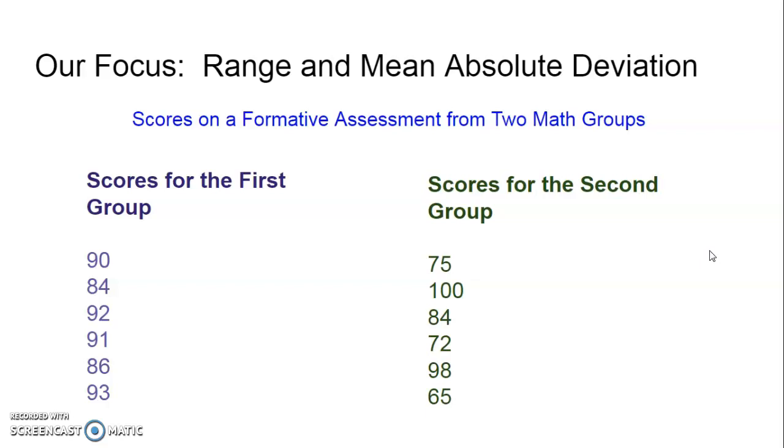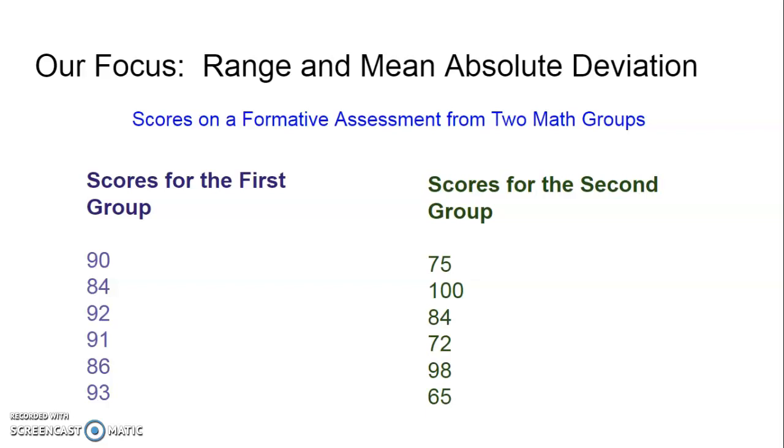All right, so let's say maybe I have a couple of different math groups that I work with, maybe small math groups. They both have 6 kids in them. Let's say I give them a formative assessment on, I don't know, maybe percent work or something. And I have the scores listed here. So my purple group is listed on the left and my green group is listed on the right.